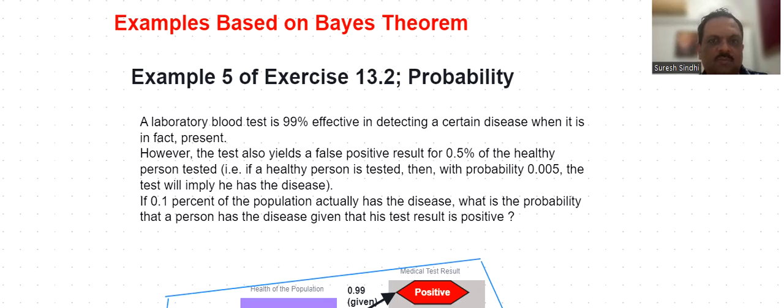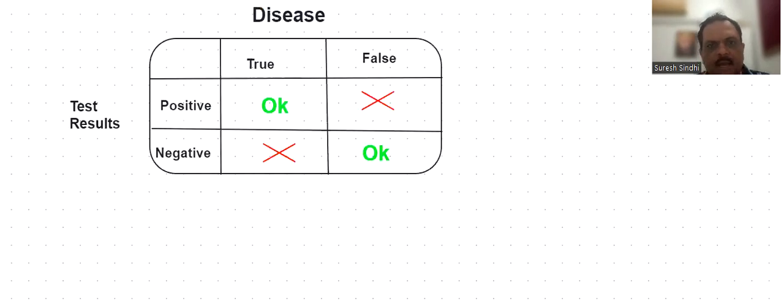Now, if you just see any person, either he has a disease or he doesn't have a disease. You can say that disease is present is true, or disease is not present is false. Similarly, the laboratory test results could be positive or could be negative.